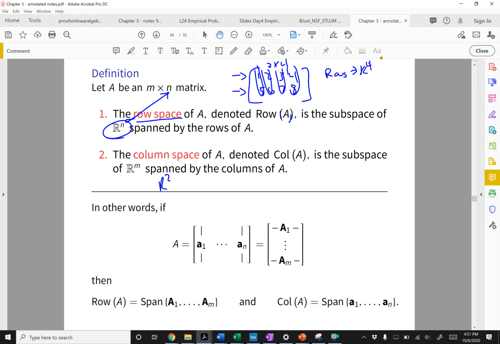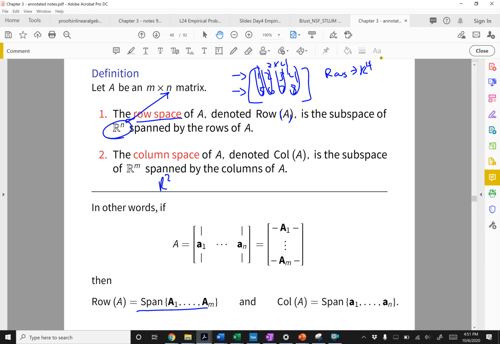We can think about A as columns with lowercase a, or as m rows with capital A, and the row space of A is the span of all of the rows, and the column space of A is the span of all the columns.